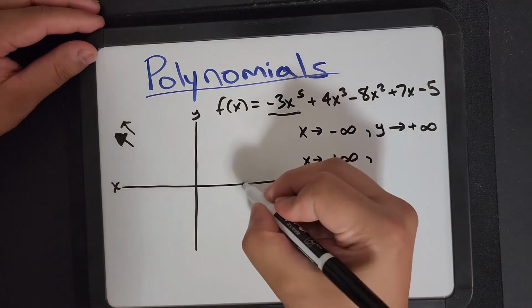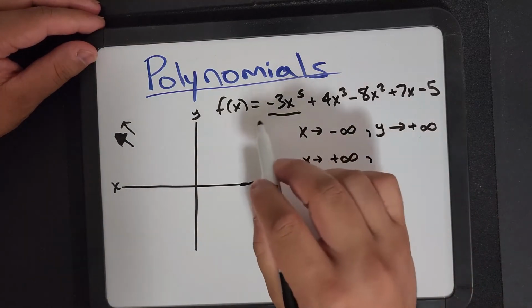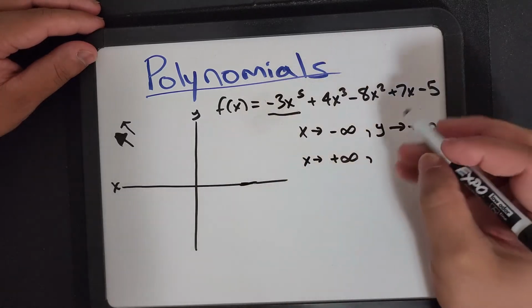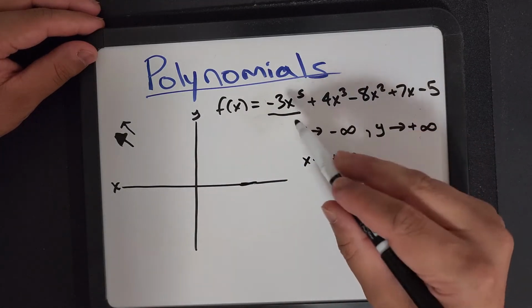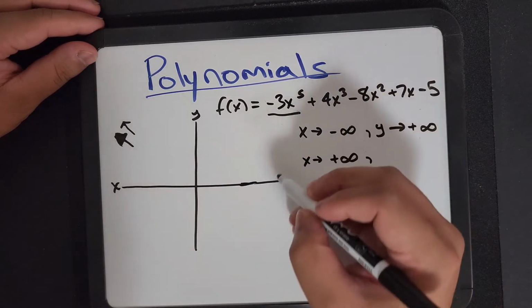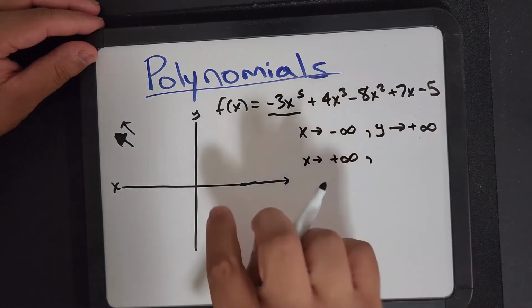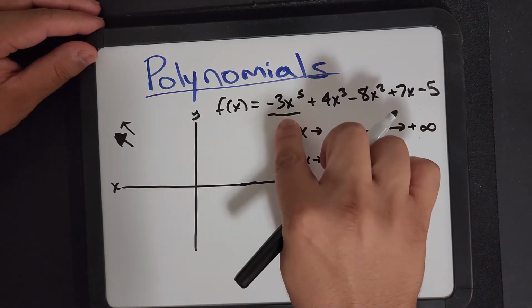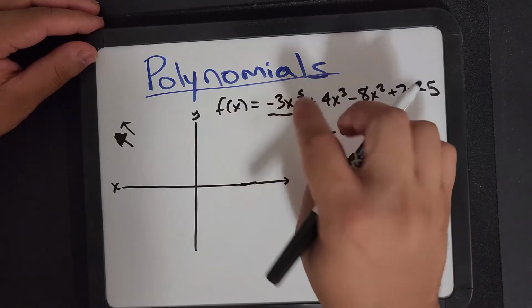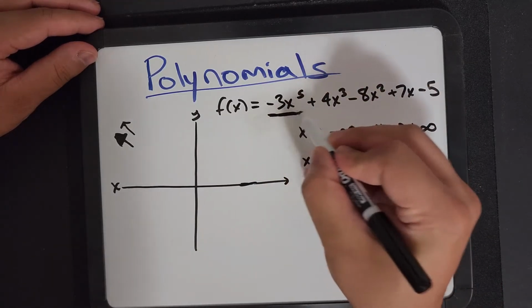And similarly, if I do the same for a positive value, I'm going to get a negative value. So as x goes all the way to the positive infinity, a big number will only get me a negative output based on this first term here.